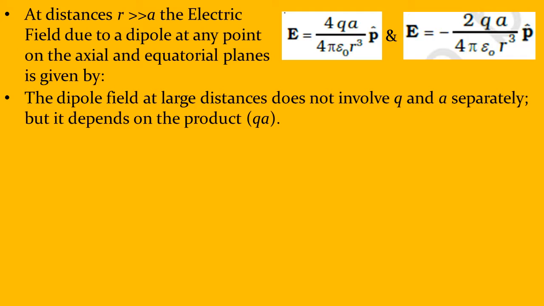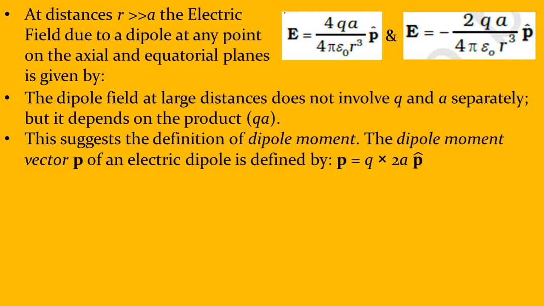Now the dipole field at large distances, you will see, doesn't depend only on Q or only on A. It depends on the product of QA in both cases. Now this suggests the definition of a dipole moment.